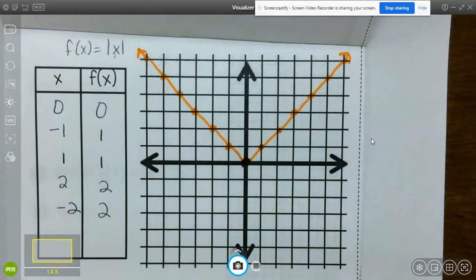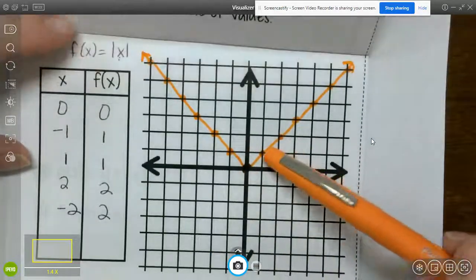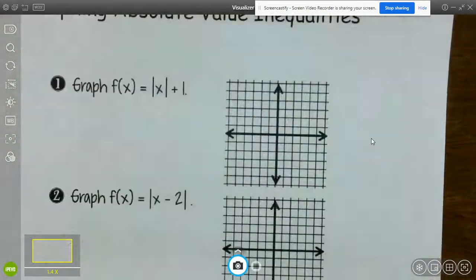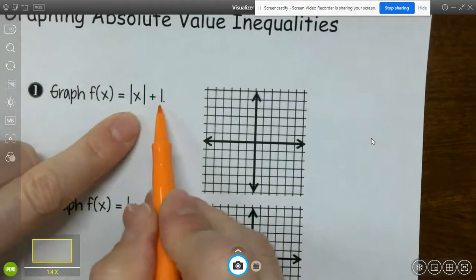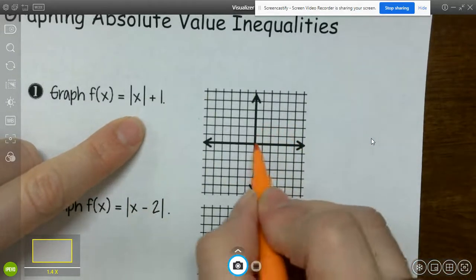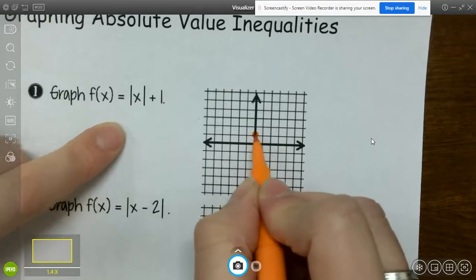Now just to remind you, what happens if they add something outside or inside that absolute value function? So let's remind ourselves of what that looks like. If they add 1 out here, that means they move the graph up 1 unit. So instead of starting at 0, 0, I'm going to start at this point, 0, 1.